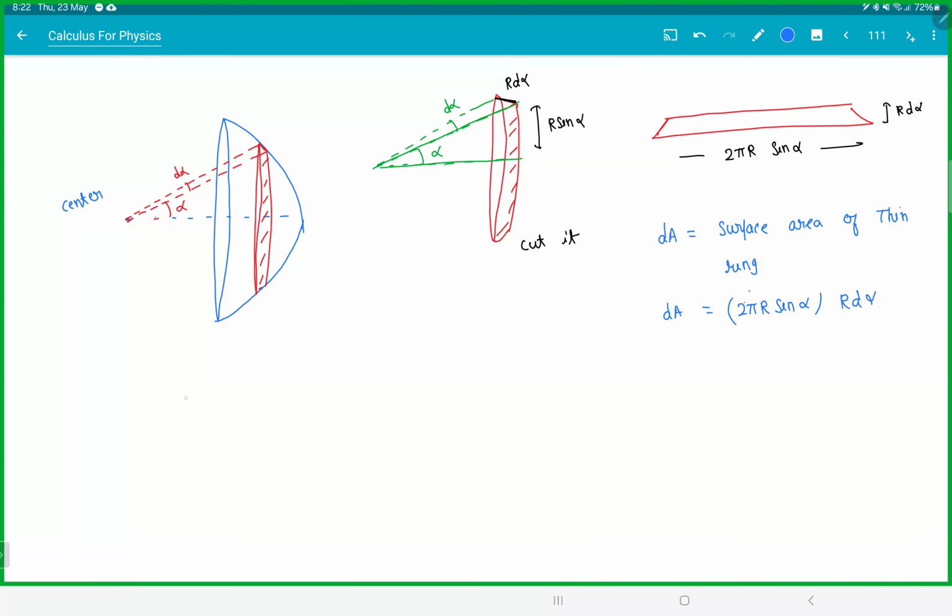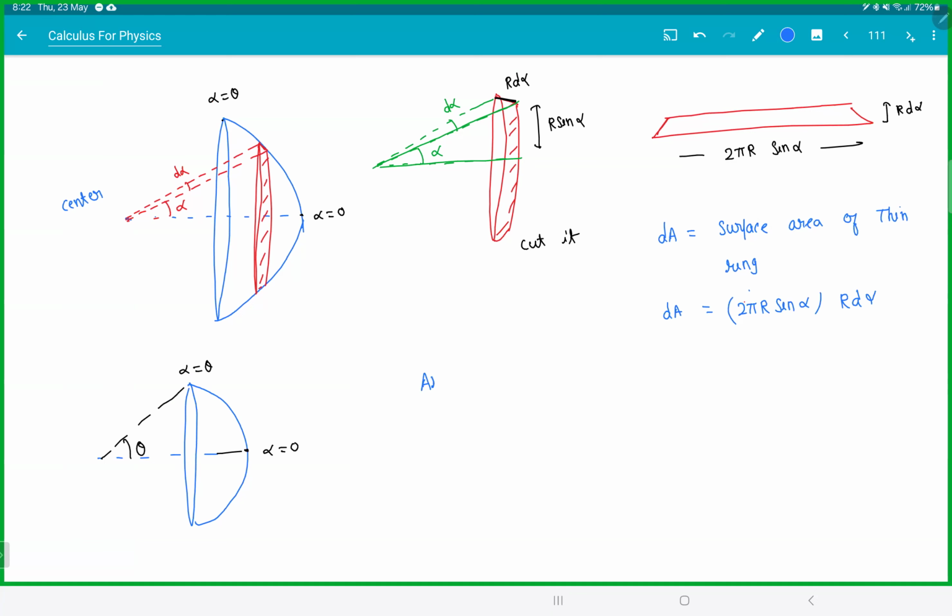Now, what about the limits here? If you look at the limits, at this point alpha is 0. At this point alpha is theta. Meaning for different values of alpha, when you go from 0 to theta, you're getting different rings.